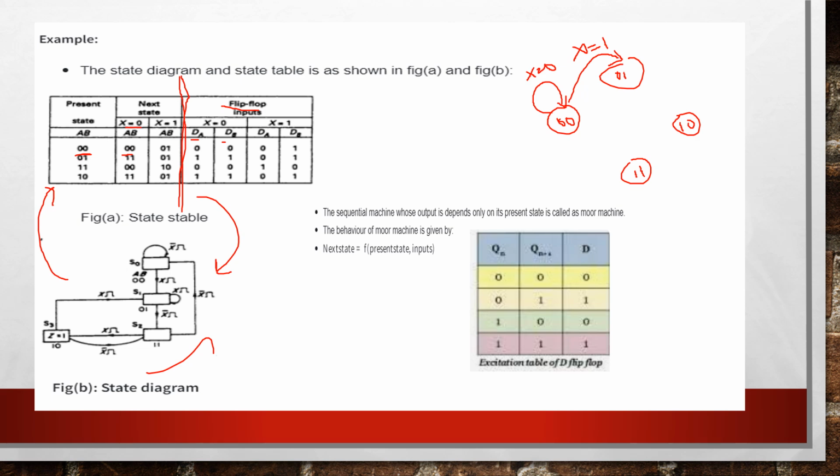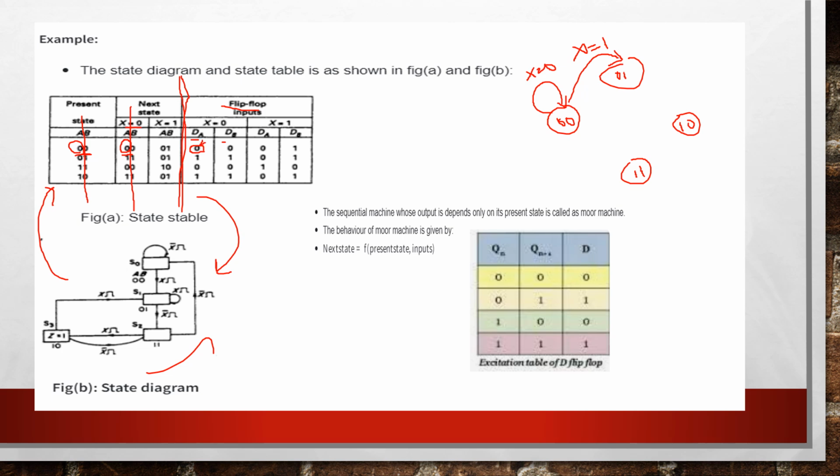For this combination, let's take only the A part alone from the present state and the next state. Present state is 0 and the next state is 0. Come to the table here: 0 0, D is equal to 0. Hence we have got D equal to 0. This goes for the A value, DA.